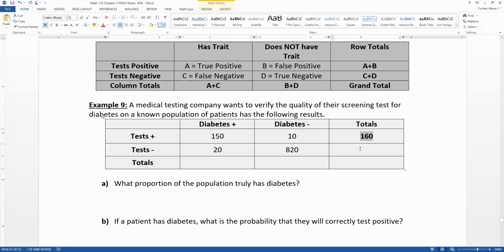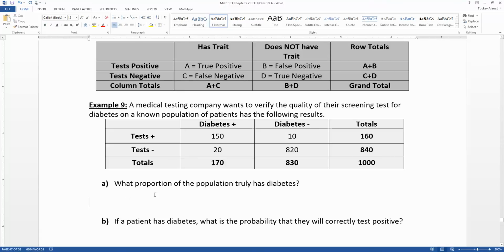Then all the people that test negative would be 840. All the people that truly are positive is 170. And all the people that truly are negative is 830, which gives us a grand total of 1,000. If you add up 160 and 840, you get 1,000. If you add 170 and 830, you get 1,000.